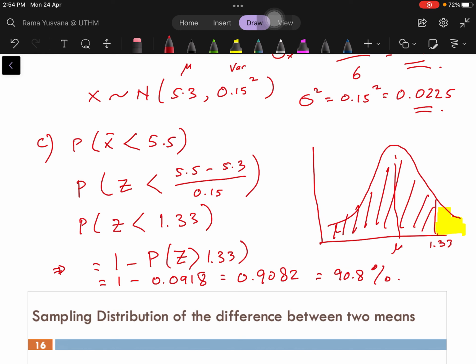So that's the probability of your random variable being less than 5.5.